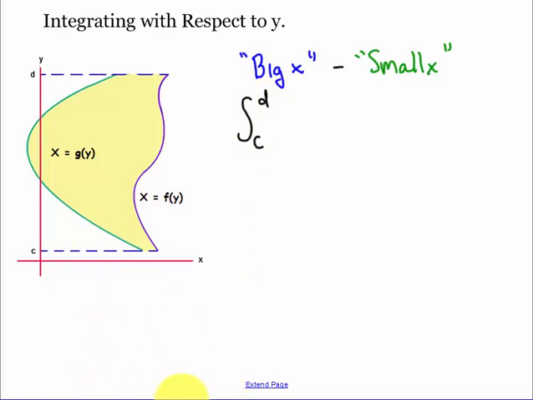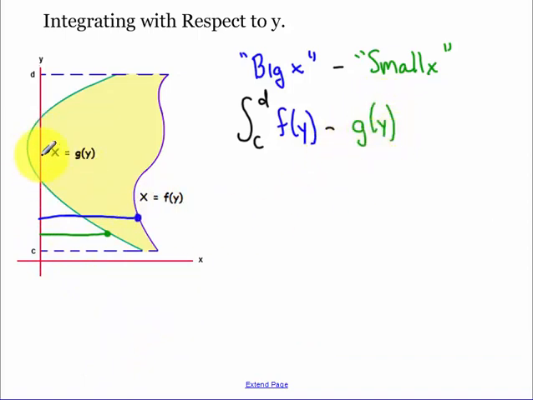Now we have the big Y, the far function from your axes. I like to think about it, I like the big X. I think that's a better way of thinking about it. Big X minus the quote small x, which is g of y.